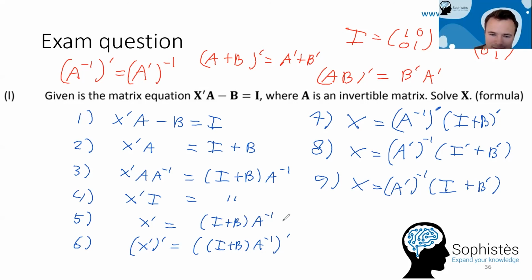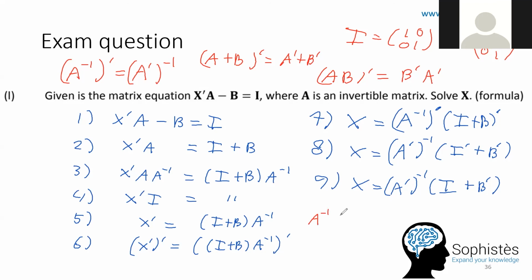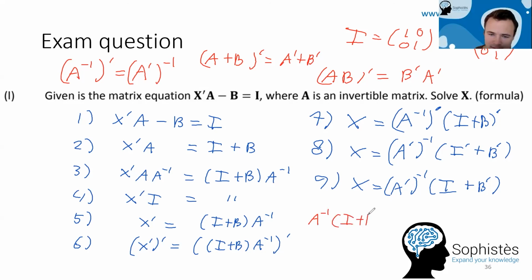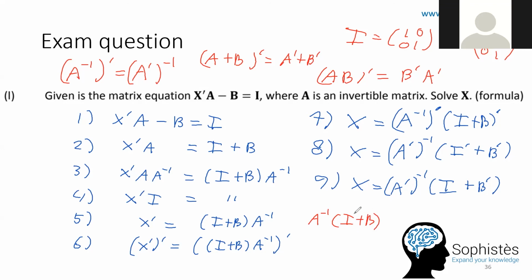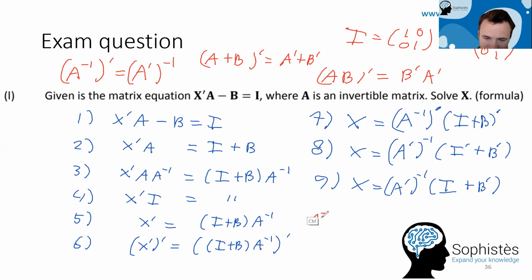If I would here just calculate a to the power -1 with I and plus b, like this, but inside of the bracket. Oh, I see what you mean. So you say, do you mean this? Yes.